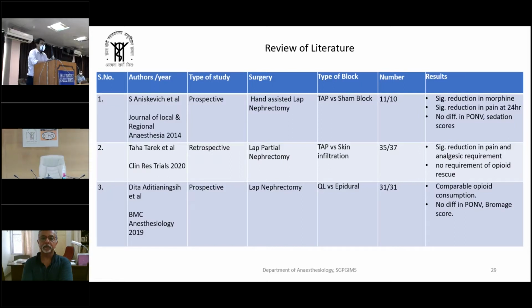According to a prospective study published in BMC Anesthesiology 2019, they compared QL versus epidural, which we regard as a very good, effective way of giving postoperative analgesia. They included patients undergoing laparoscopic nephrectomy, 31 in each arm. They found comparable opioid consumption till 48 hours, and no difference in postoperative nausea, vomiting, and Bromage score. Now, the Bromage score is a scale which is used to measure the amount of motor weakness or block after we give neuraxial anesthesia.